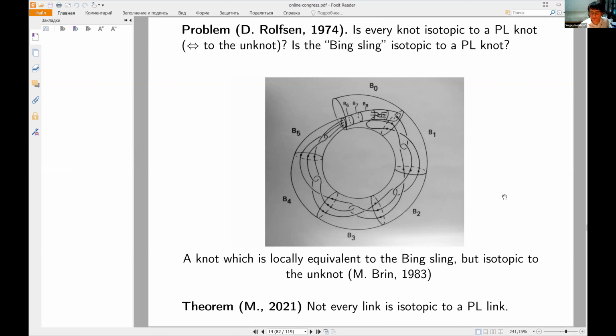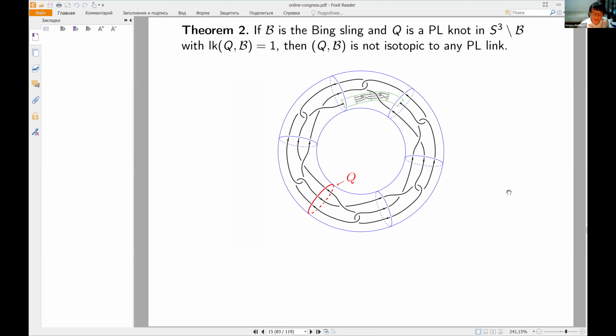Some time ago, I proved that not every link is isotopic to a piecewise linear link. So now there is the following theorem. Let us start from the Bing link, and let us insert any PL knot in the complement of the Bing link, so that it has linking number 1 with the Bing link.